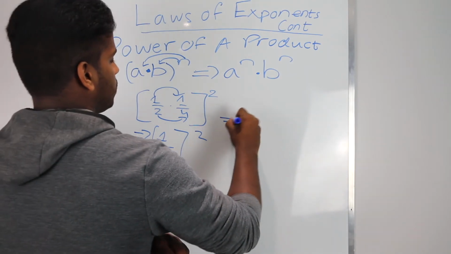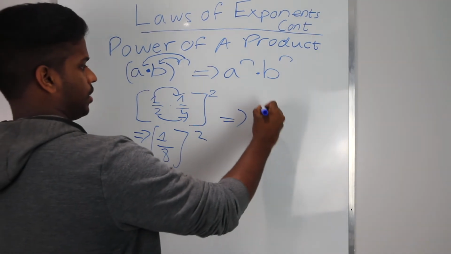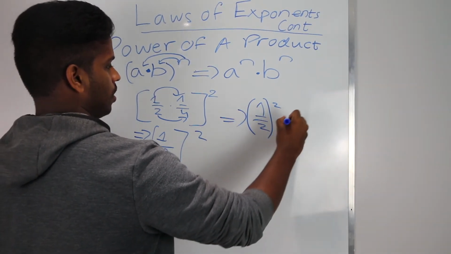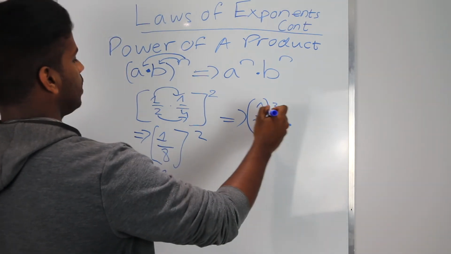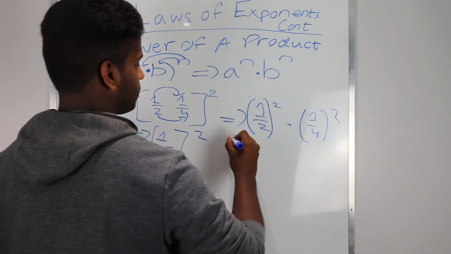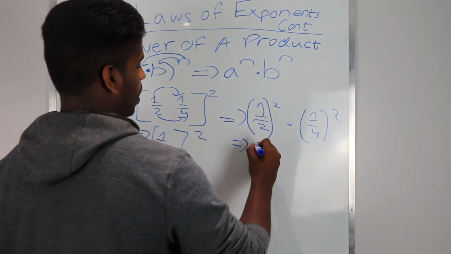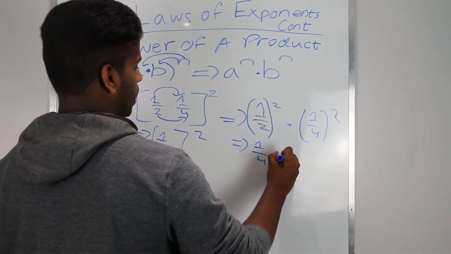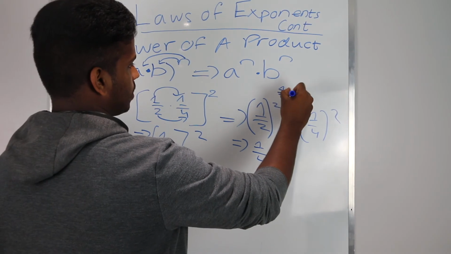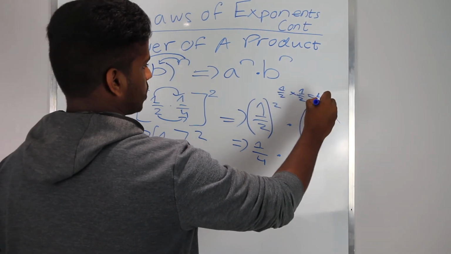1/8 times 1/8: numerators stay the same, 1 times 1, and 8 times 8, so 1 over 64. Now let's use the law of exponents to solve this. We distribute the exponent: (1/2) squared times (1/4) squared. Half squared is 1 over 4, because 1 times 1 is 1 and 2 times 2 is 4.